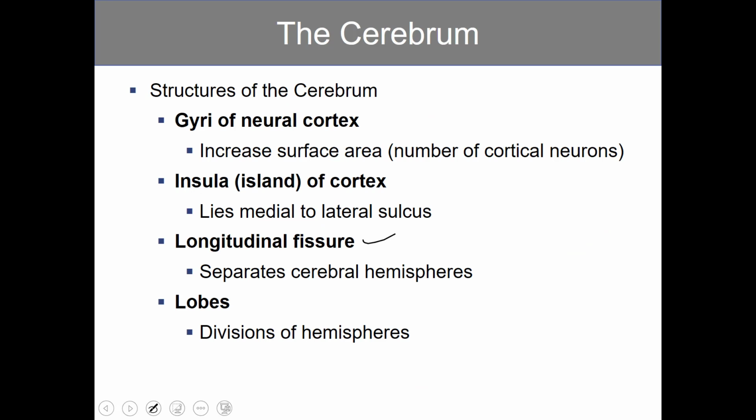If you were to look anteriorly at a brain, what you would find is the left and the right hemispheres. And what separates them is a very deep fissure called the longitudinal fissure.